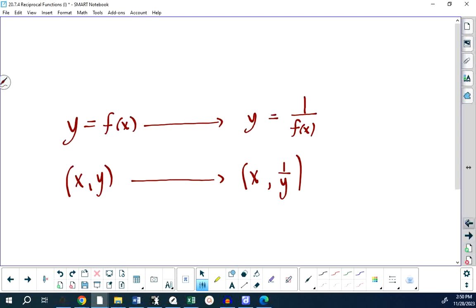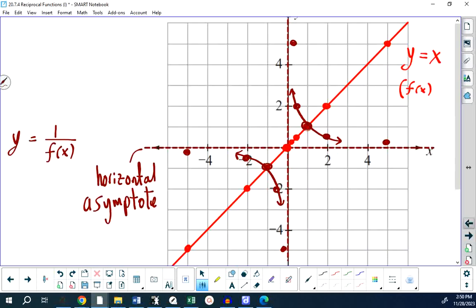Look at this picture. What is the y coordinate here? 2. What is the reciprocal of 2? 1/2. What is the y coordinate here? 5. What is the reciprocal of 5? 1/5. What is the y coordinate here? 1/2. What is the reciprocal of 1/2? 2.